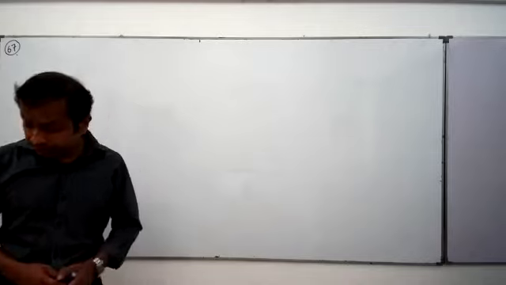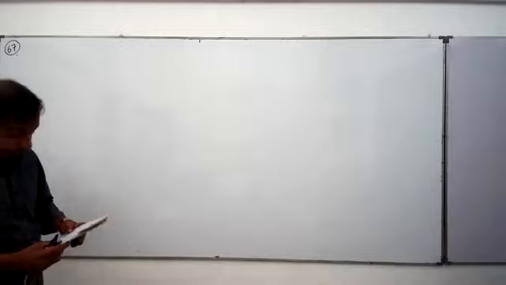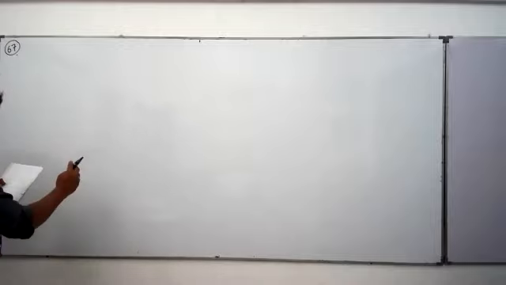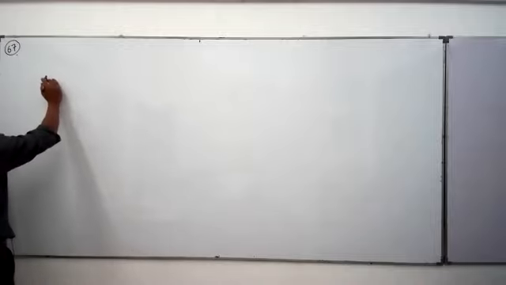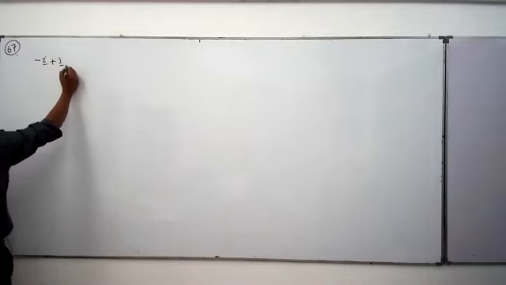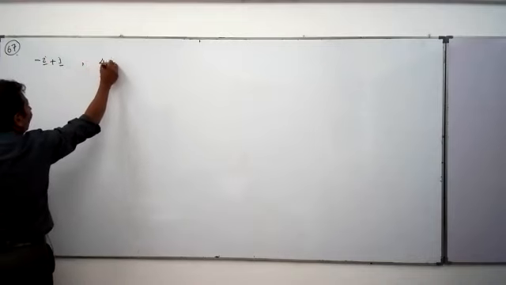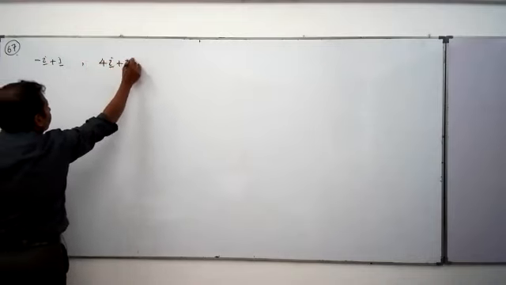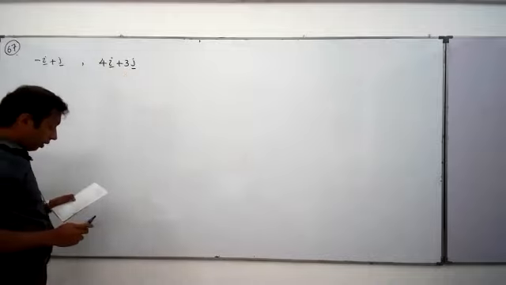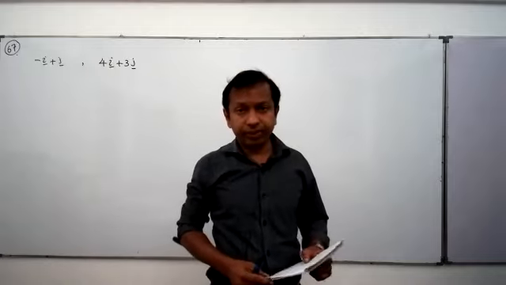That question says something like this. If the dot product of a vector with the vectors minus i plus j and the other vector 4i plus 3j are 1 and 17 respectively, find the vector.